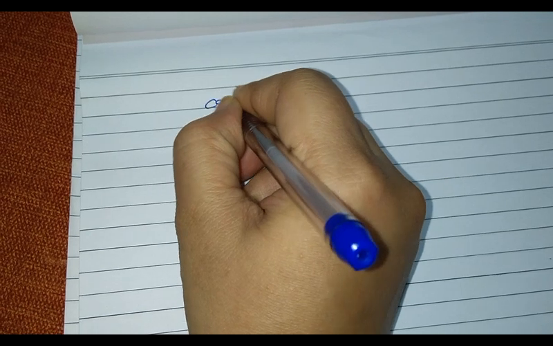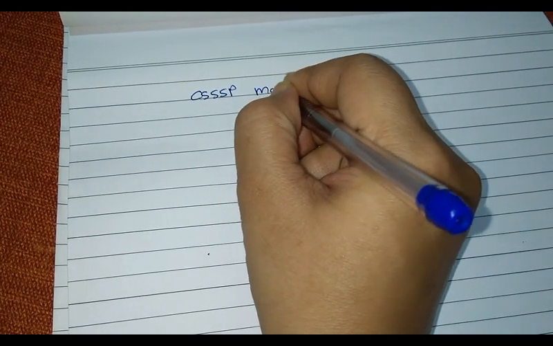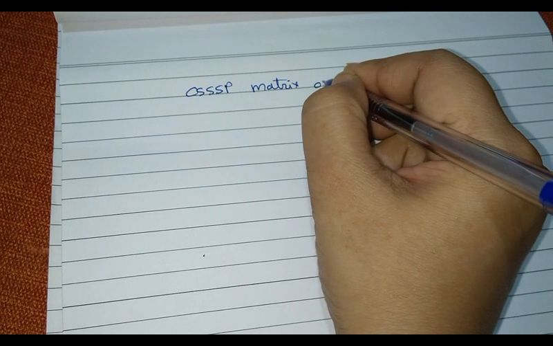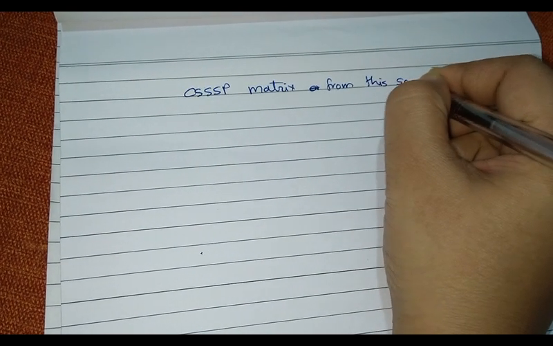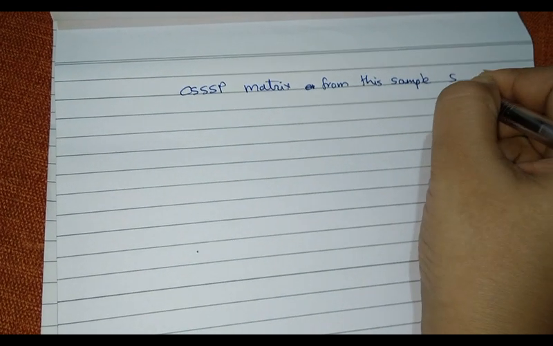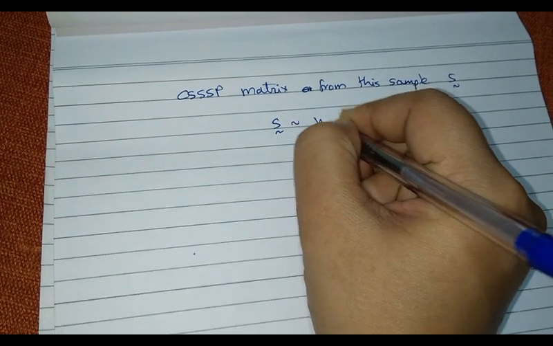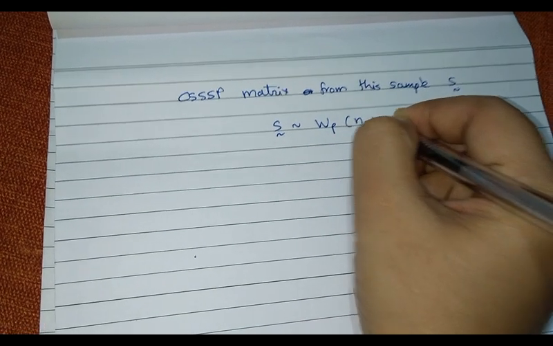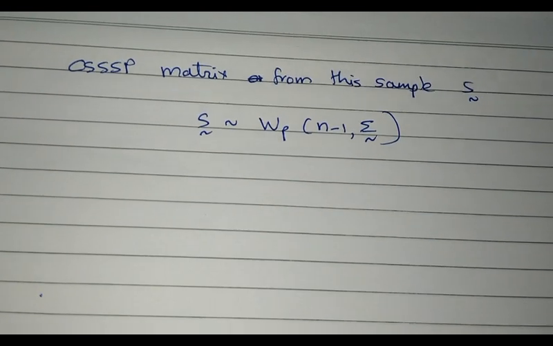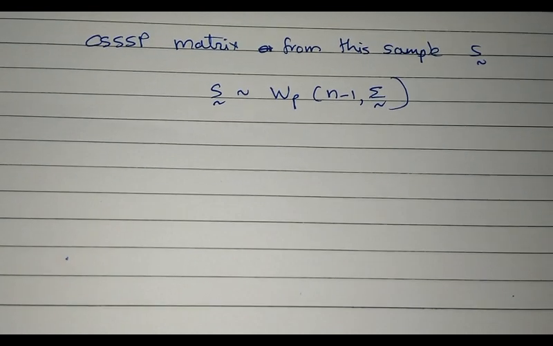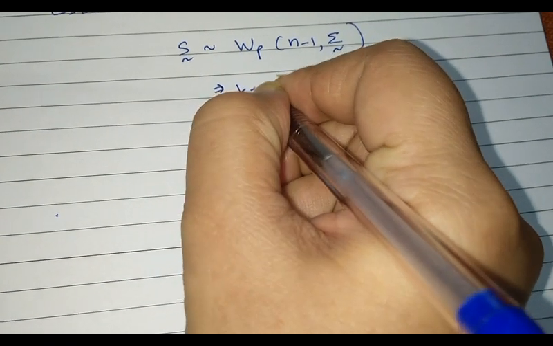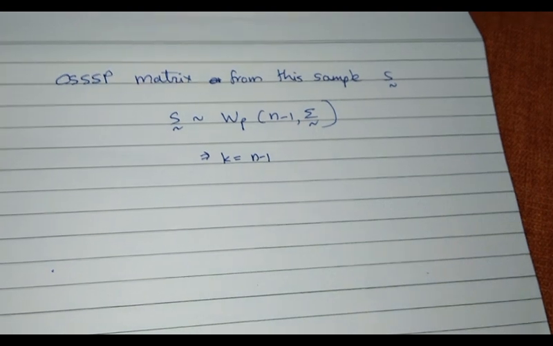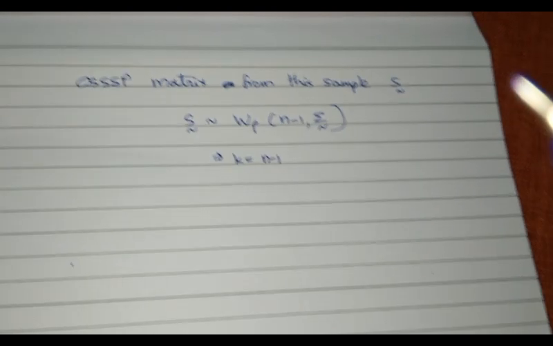So I have the CSSP matrix from this sample, S, and we know that this S is Wishart with n-1 degrees of freedom and the same sigma. If you remember the proof, the degrees of freedom for this CSSP matrix were n-1. So this tells me that my K should be n-1. So I have K equal to n-1, C equal to n.